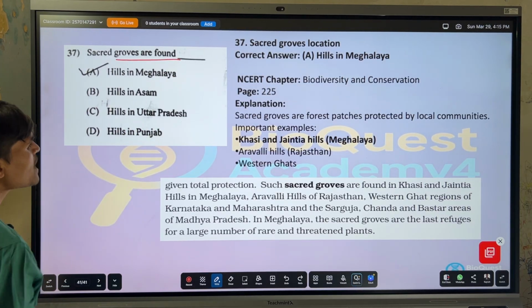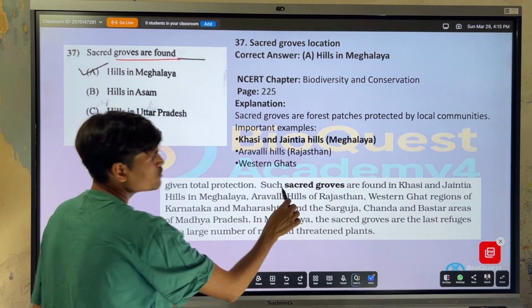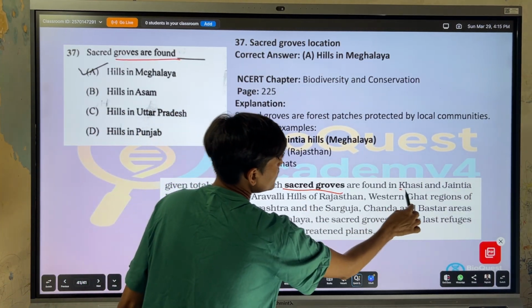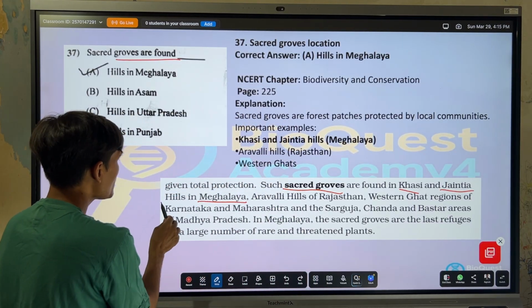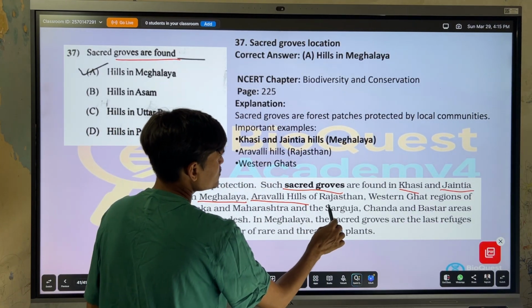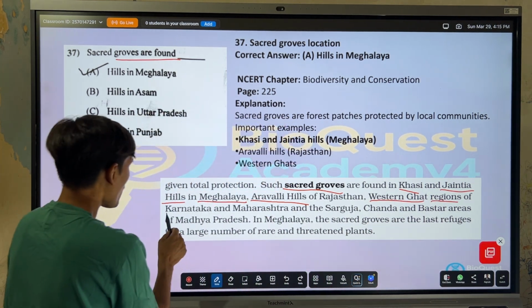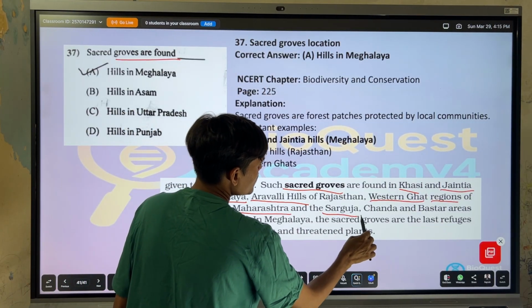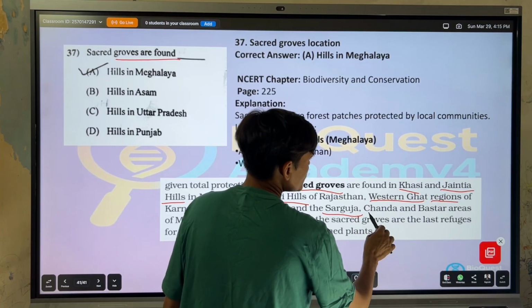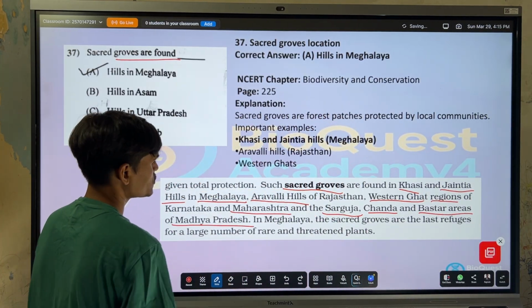Sacred groves, again from the textbook, are found in Khasi and Jaintia Hills of Meghalaya, Aravalli Hills of Rajasthan, Western Ghat regions of Karnataka and Maharashtra, and the Sarguja, Chanda and Bastar areas of Madhya Pradesh.